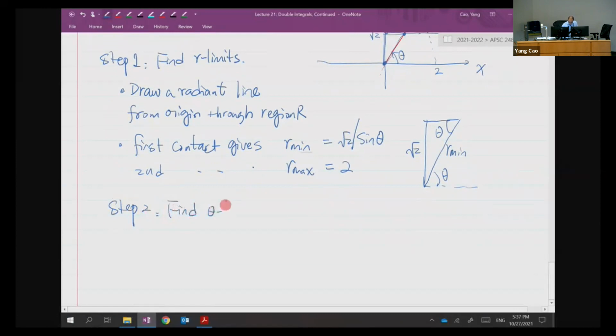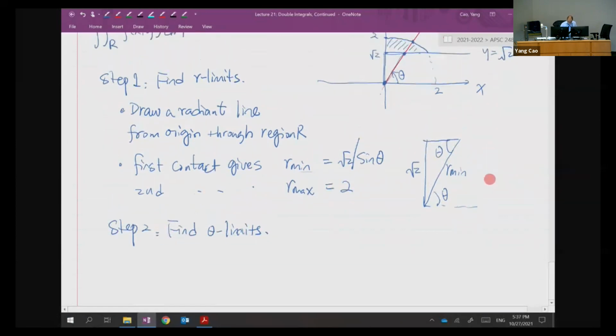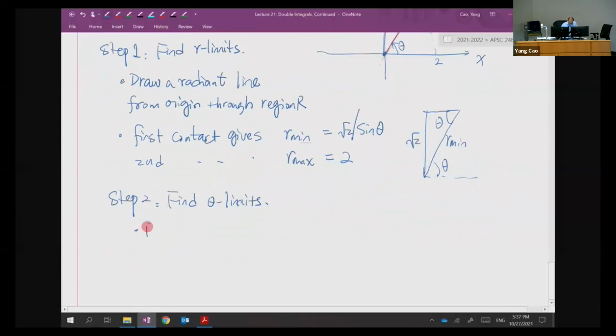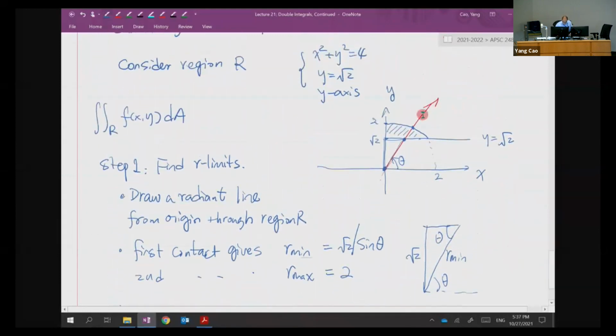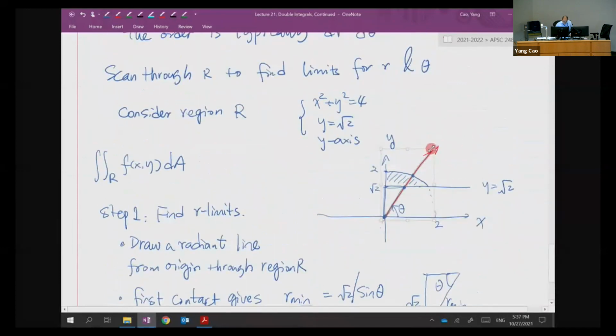Then the next step is to find theta limits. To do that, you rotate the reading line you drew from the first step and sweep through the region R. By doing that, basically what I mean is you're doing this.